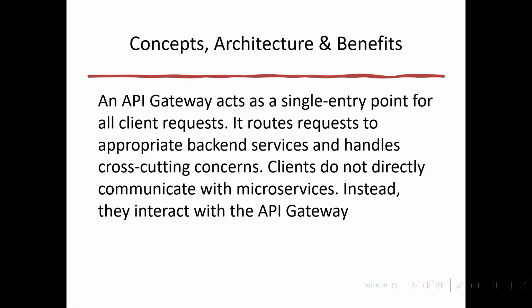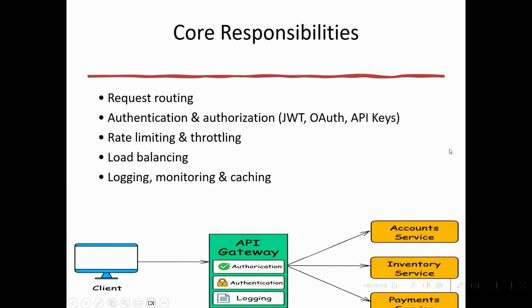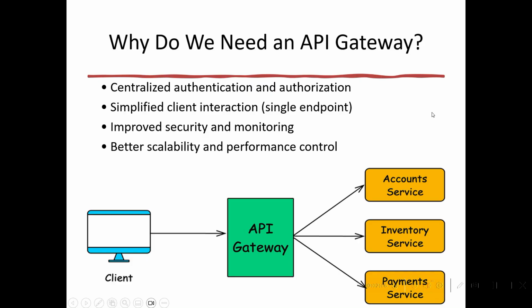There will be so many switch cases: if the client is calling the payment service, it needs to pass a JWT token and a separate URL. Similarly, if the client application is calling the invoice service, it needs to pass the API key and the URL for that. So that was the problem statement I just explained.